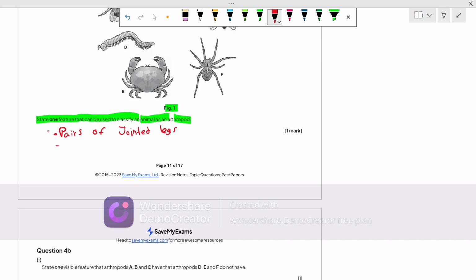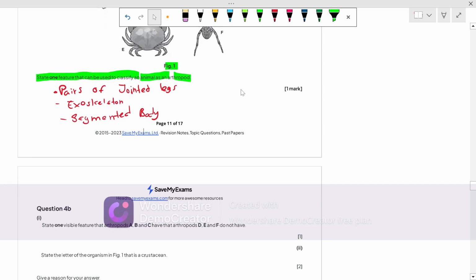Second is they have an exoskeleton. The third one is they have a segmented body, meaning they have segments on their body. Choose any one from these 3, you will get the mark.